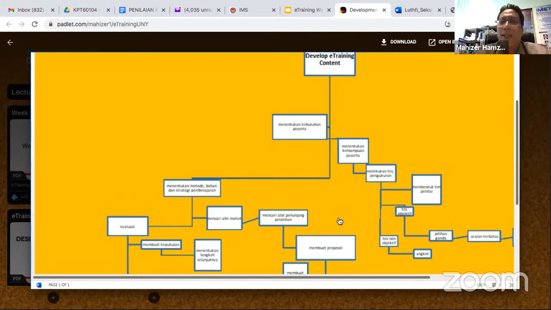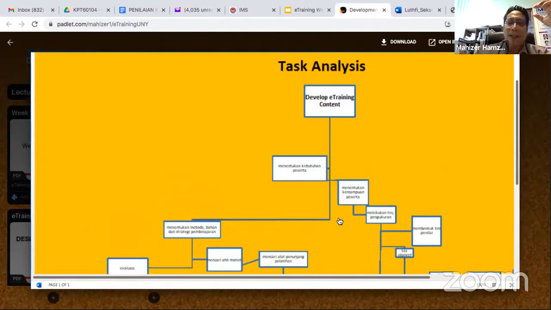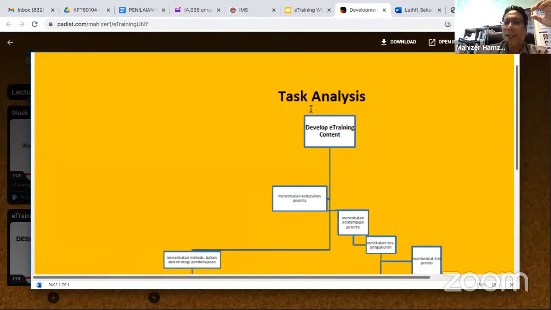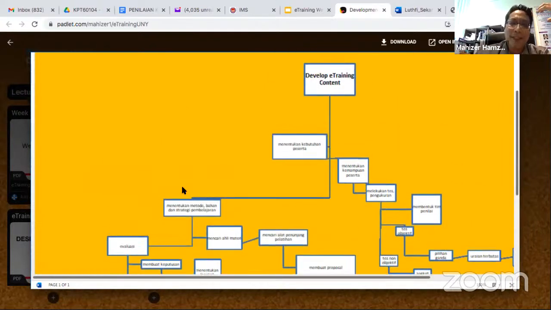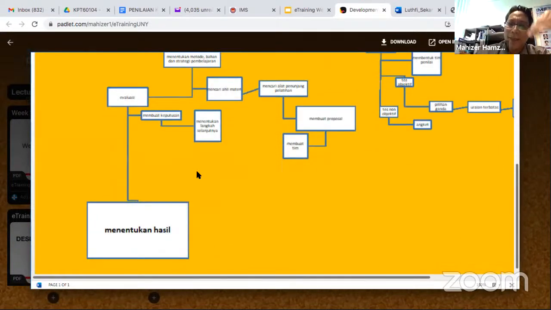That is why we need to do a task analysis, so that indirectly we have our goal, which is to develop e-training content, and then what are the sub-units, the subtopics that are involved. Maybe those will be the learning outcomes in order for us to achieve that unit.